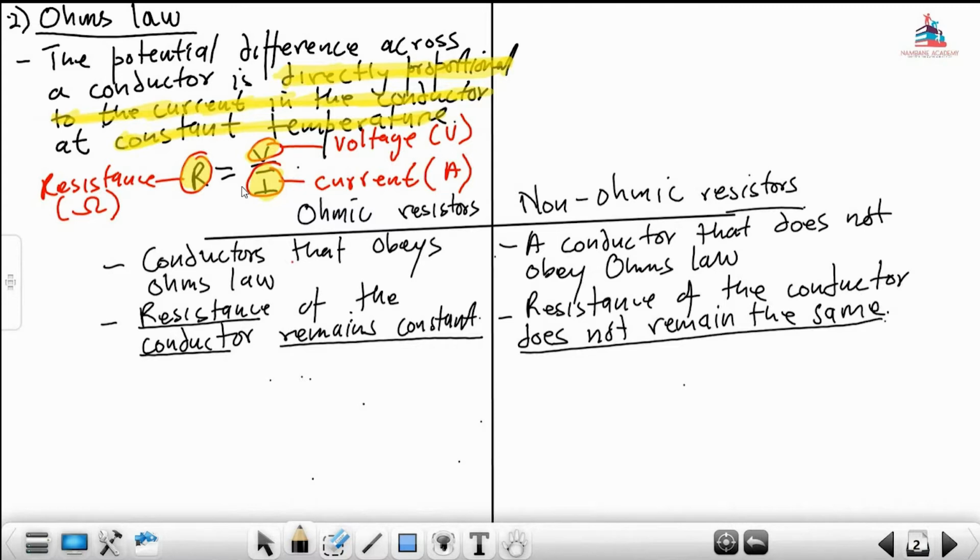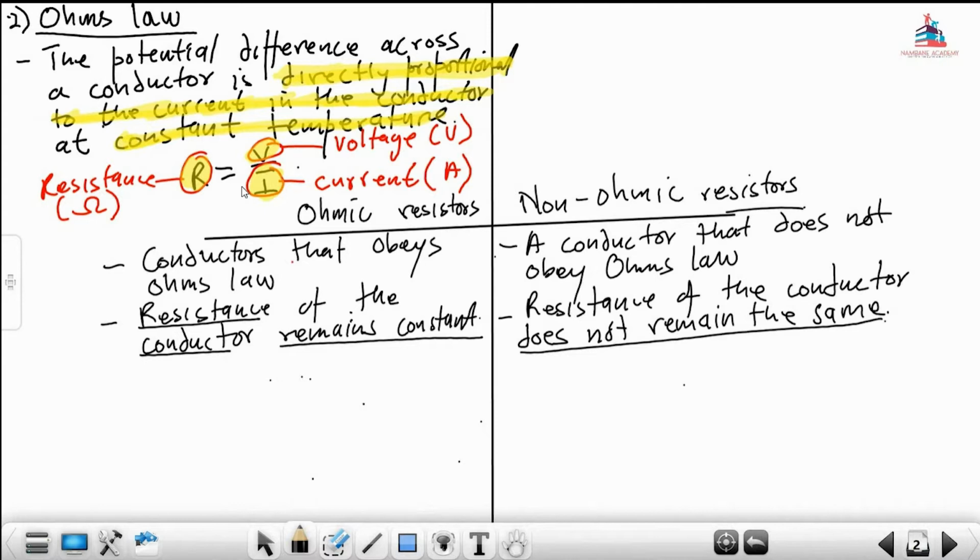Because we have an equation which is R equals V over I, one can have a graph that will explain more of ohmic and non-ohmic conductors.